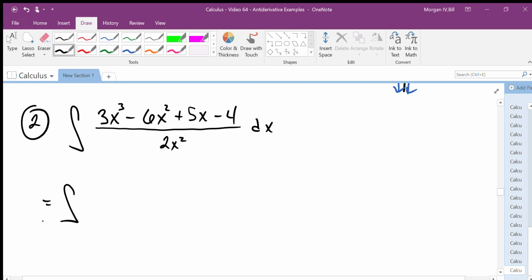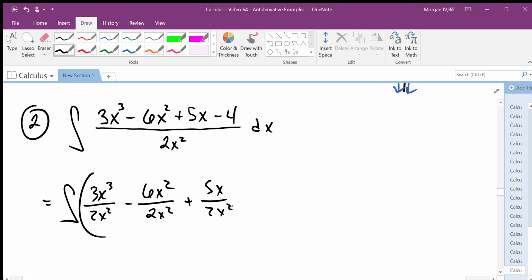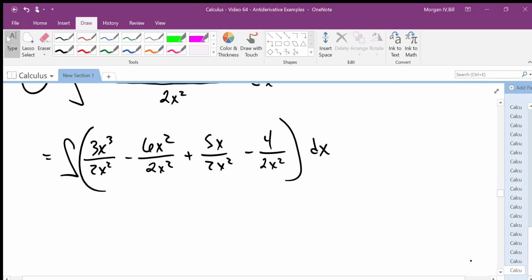We're taking the integral of 3x cubed over 2x squared minus 6x squared over 2x squared, parentheses for all of this, plus 5x over 2x squared minus 4 over 2x squared dx. Now please simplify this before you try to take the antiderivative. You don't want to take the antiderivative in this form.